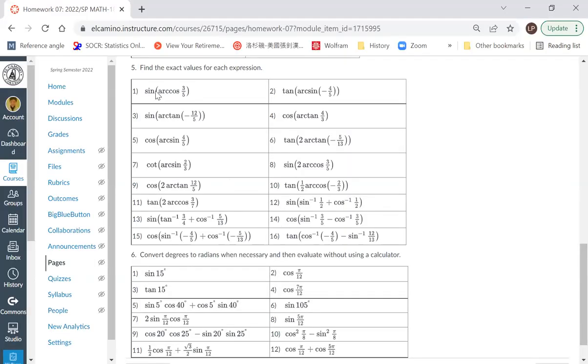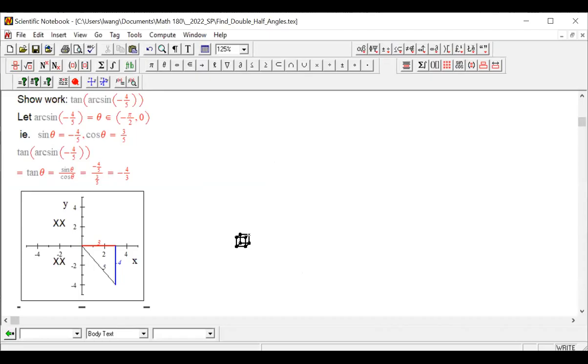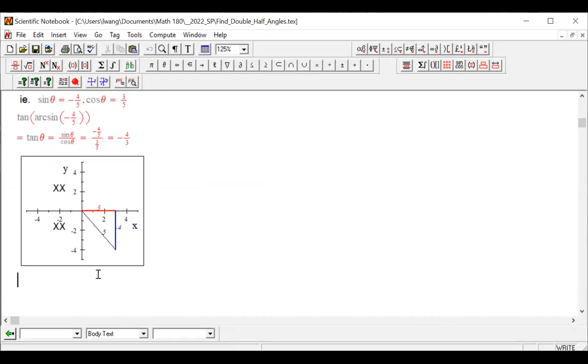We have done the first one. We have done the second one. Let's do an arctangent, how about that? We have done arc cosine and arc sine. Let's do an arctangent, right? So we have sine of arctangent of -12/5. So we're going to go back to our other page. Okay, so this is the other question.